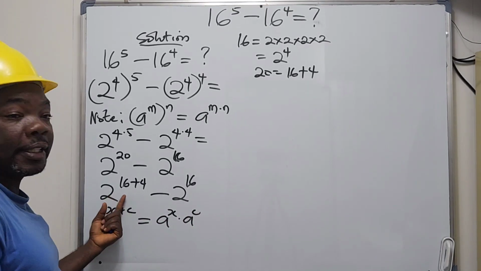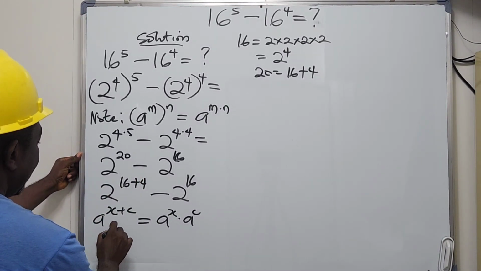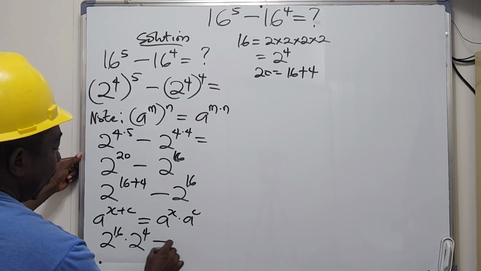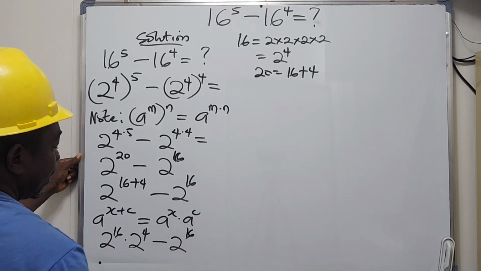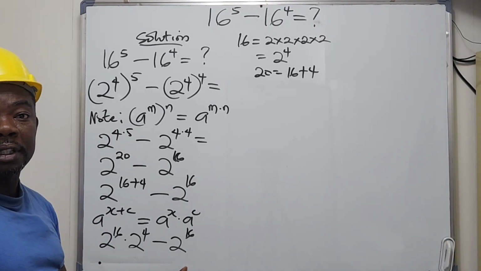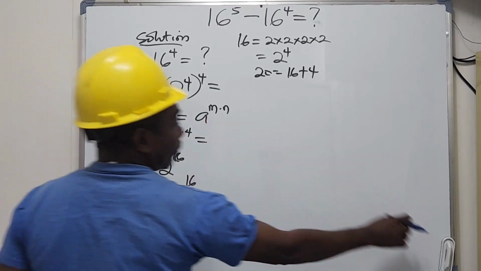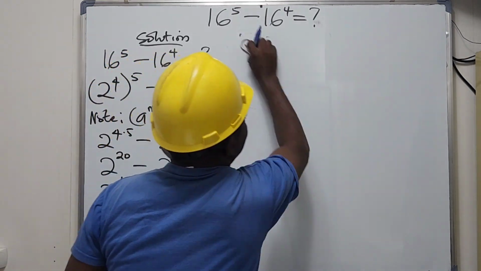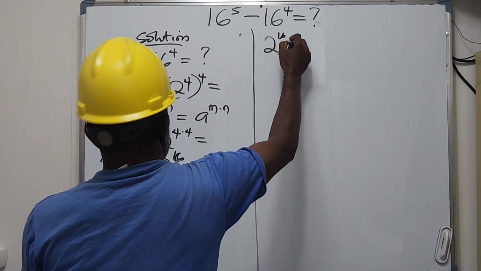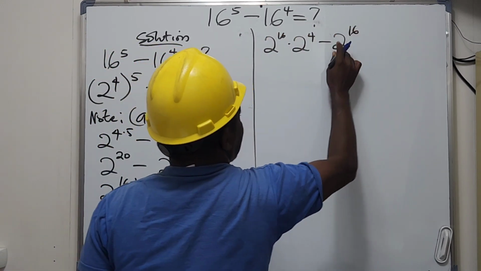So expressing this in this format, this will give us 2 to the power of 16 times 2 to the power of 4 minus 2 to the power of 16. You can see that we have 2 to the power of 16 here and 2 to the power of 16 here. They're identical. We can factor it out.